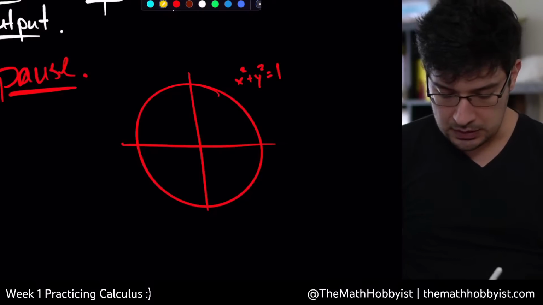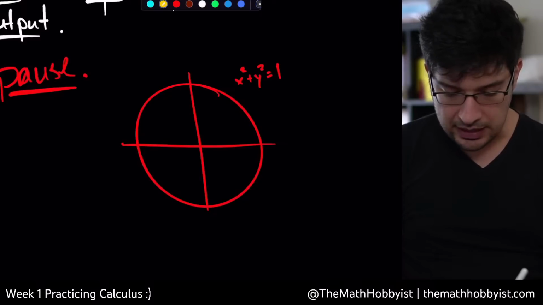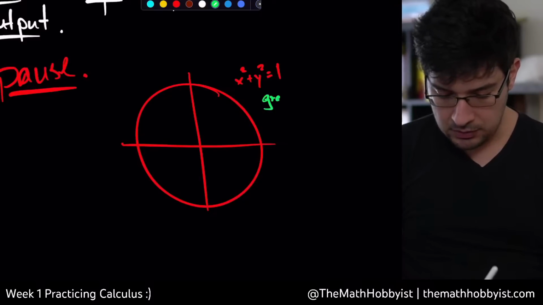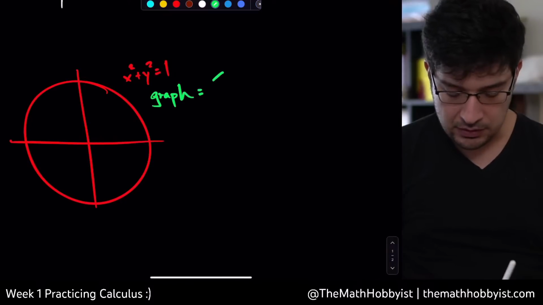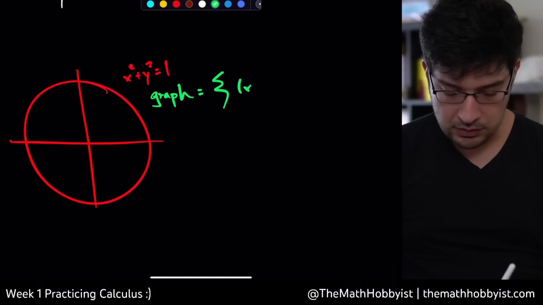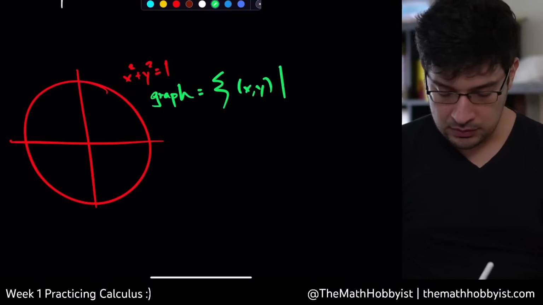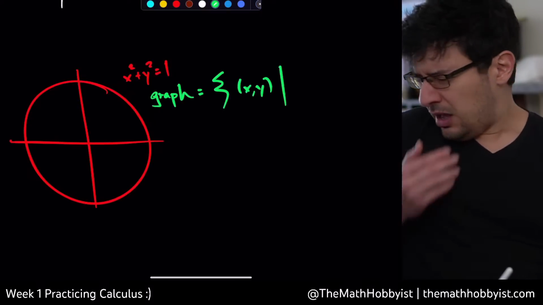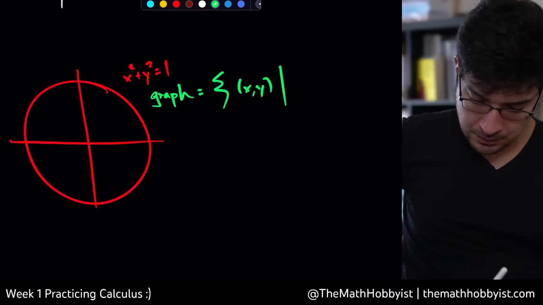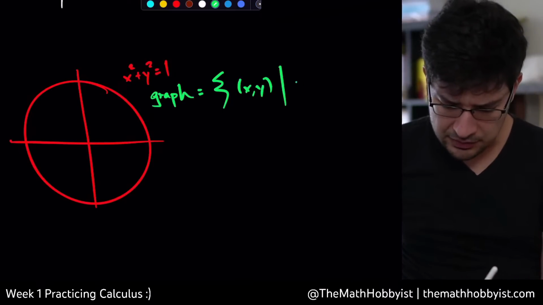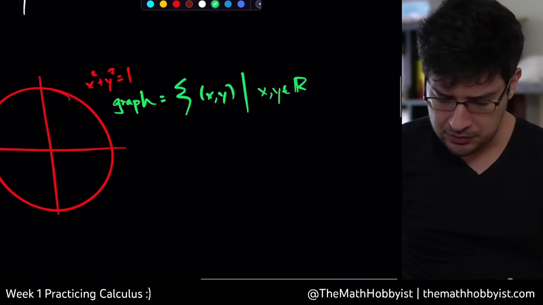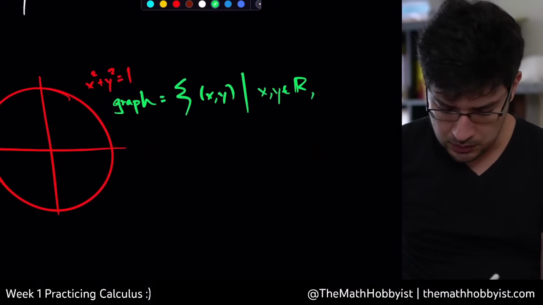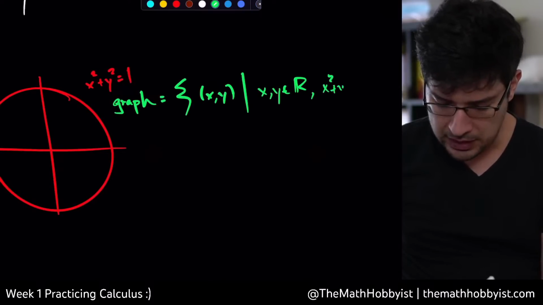In short, what we have here is a graph, and a graph is a set of points, and in this case, x and y are both real numbers with the rule x squared plus y squared equals 1.